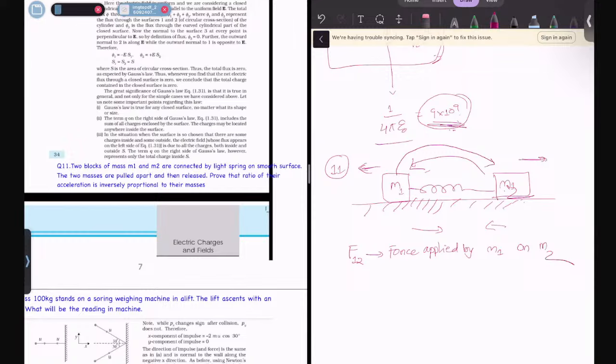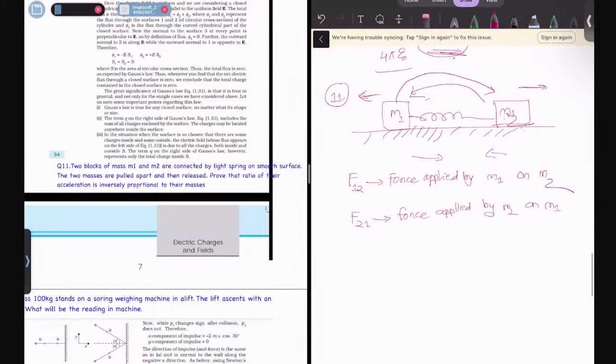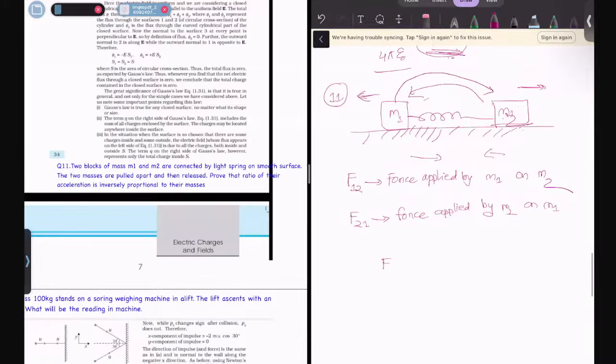Then F21 is the force applied by M2 on M1. So what is F12? F12 will be the force applied by M1 on M2, so F12 will be M2 into acceleration A2. You understood this? I'm taking this as equation number 1.